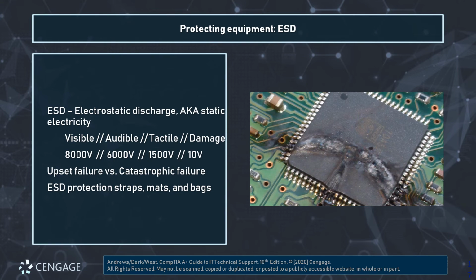Protecting equipment is an important thing to be aware of. Electrostatic discharge, also known as static electricity, or ESD. Now, I have included in this particular slide an example of very aggressive ESD, to where you actually see the surface of the contacts, the board, and the chip have all experienced very dramatic discharges of electricity.